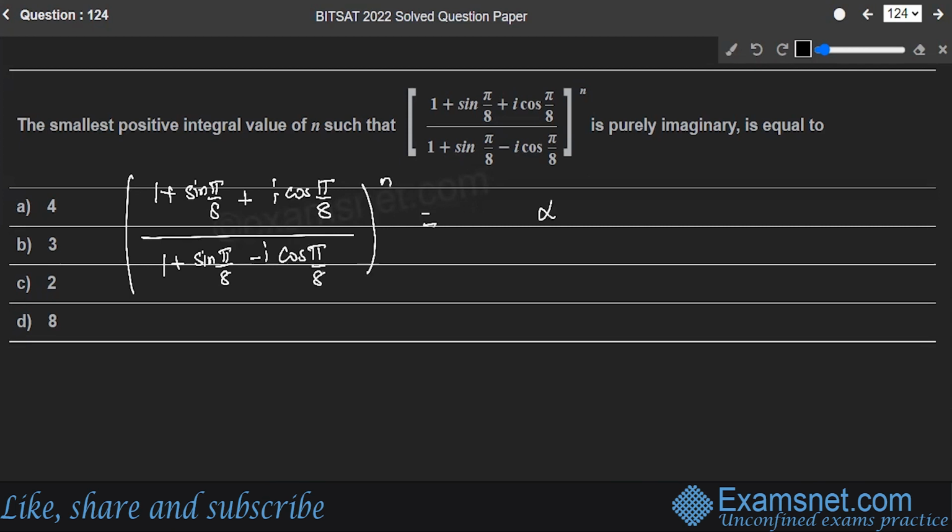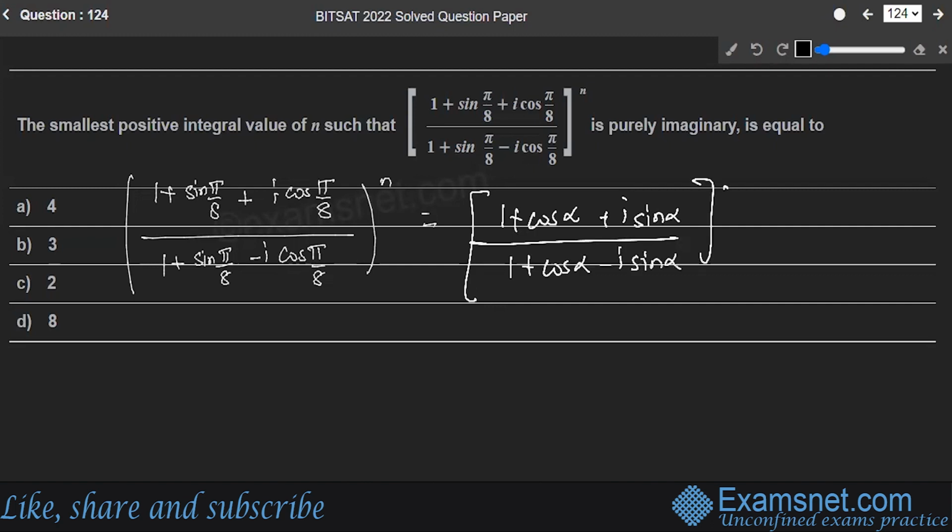This is equal to ((1 + cos α + i sin α) divided by (1 + cos α − i sin α)) power n. Here I am taking alpha as π/2 − π/8. Therefore cos(π/2 − π/8) is nothing but sin π/8.